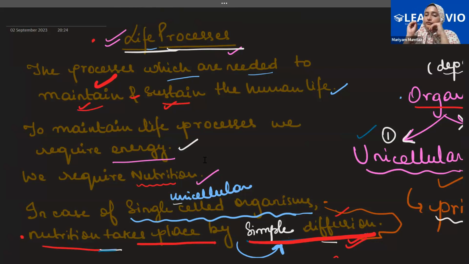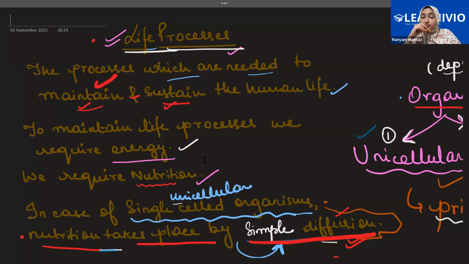Okay, all of those variety of processes that take place inside us. Now, to maintain life processes, we require energy, right? To do any kind of work, whether it is breathing, walking, eating, or anything in general, you require energy to do so, right? And where do you get energy from, students?